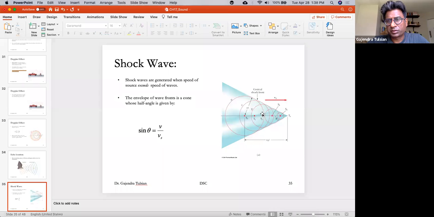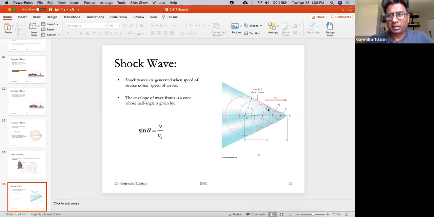So you see the source has gone out of that circle. And when the source moves faster than the speed of sound, all the crests will collect on a cone. And that's on the surface of a cone. And that's a shock wave. And so that's a high pressure area. Okay. And so there's a lot of energy on the envelope.